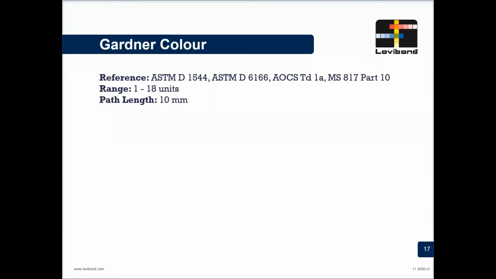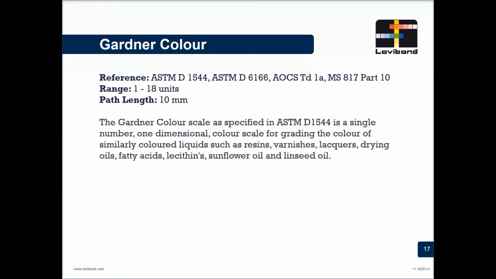This scale has a range of 1 to 18, with a path length of 10 millimeters. It is used for grading color of liquids, resins, varnishes, and also things like lecithins in sunflower oil and linseed oil, so it has an edible oil connection.